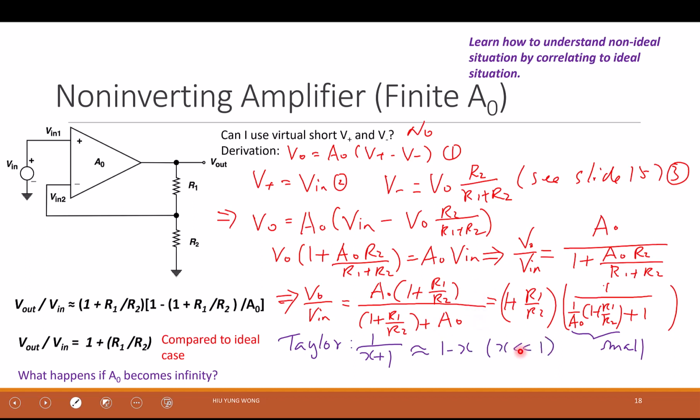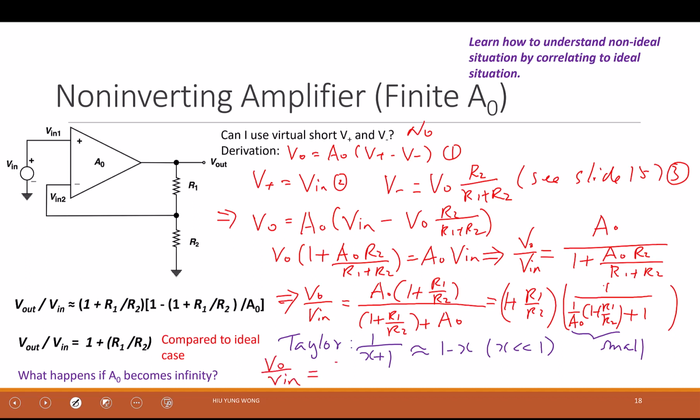That makes sense: 1 over 1 plus 0.001 is approximately equal to 1 minus 0.001, because 1 over 1.001 is approximately 0.999. You can try it with your calculator. So because of this, now I came up with the final solution.